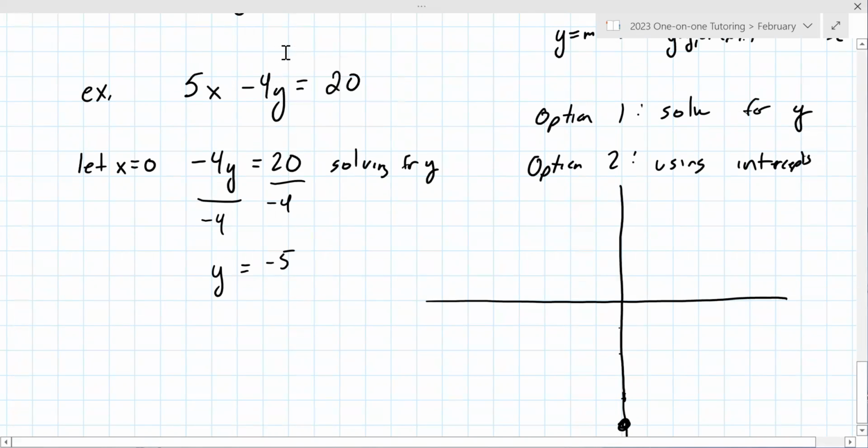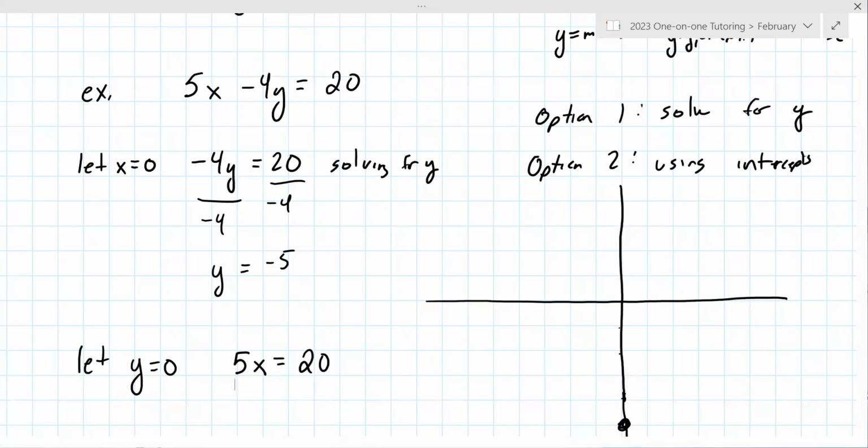This actually works better in person, but we'll do the next one. Let y equal 0. Imagine your thumb covering up the -4y. What is left over? 5x equals 20, which means x equals 4.